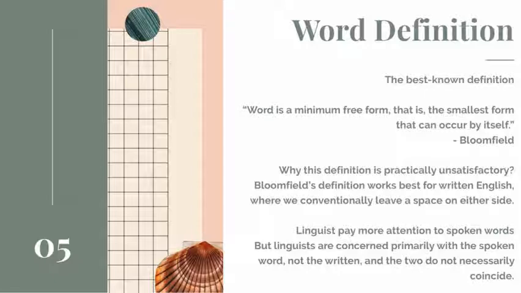Because Bloomfield's definition works best for written English only. We conventionally leave a space on either side of a word, and linguists are basically concerned with the spoken word, not the written one. And the two do not necessarily coincide.